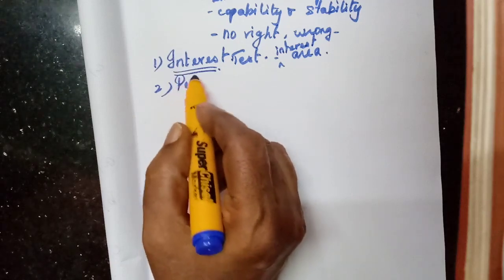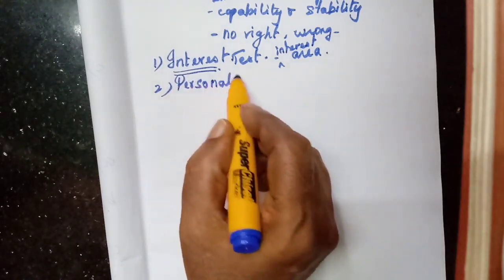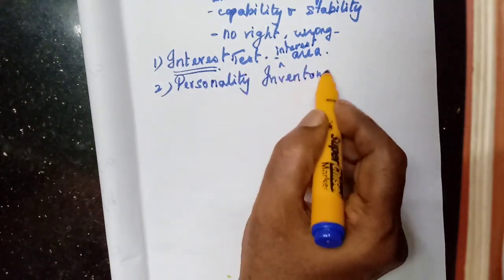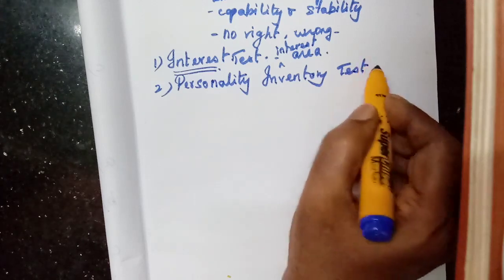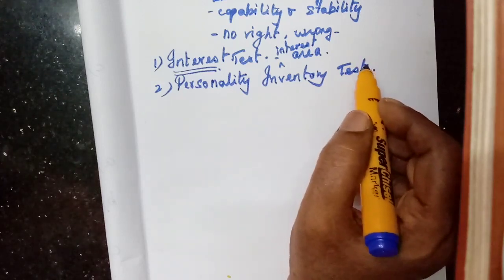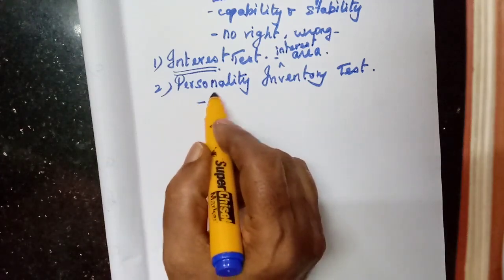Then the next one is the personality inventory test. Here they will have one already prepared questionnaire.